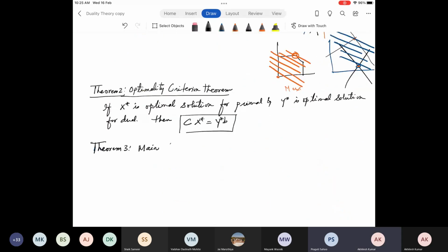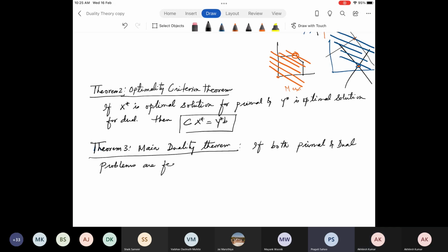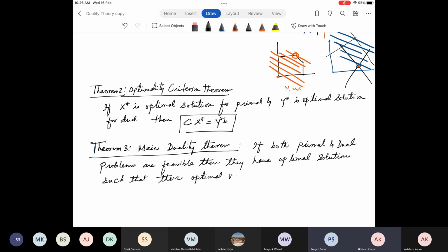If both primal and dual problems are feasible, then they have optimal solutions such that their optimal values of the objective functions are equal, which we have already seen.